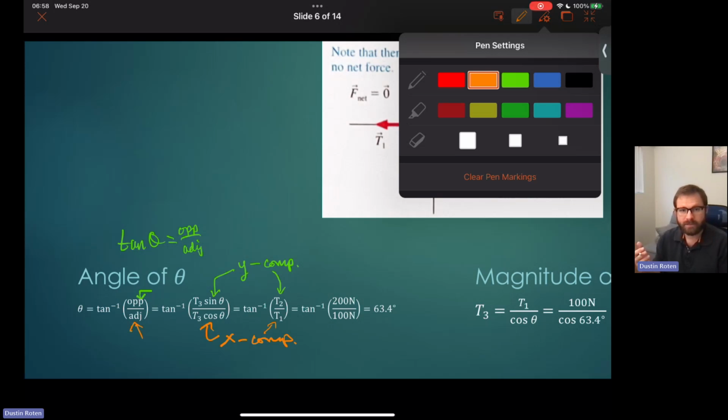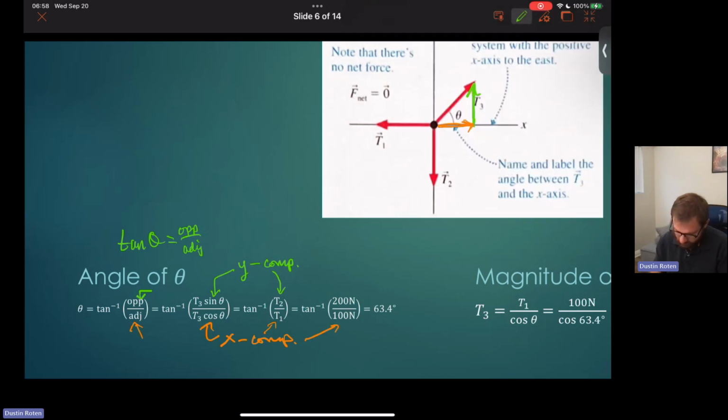T1 by Avery was 100 newtons, just from the problem, and T2 by Brandon was 200 newtons. Now that we've made this intermediate substitution, we can plug in the values from the problem because we know them. Then we can just do an inverse tangent and get our final answer.